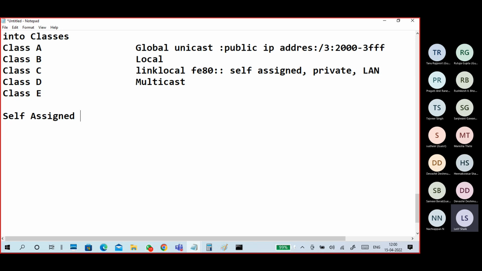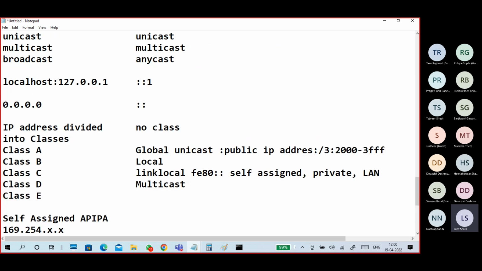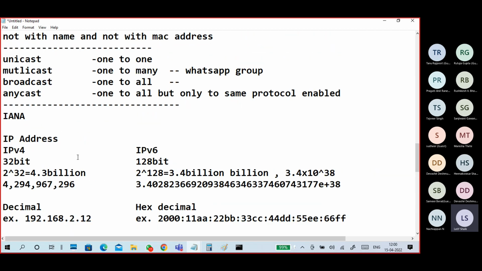In IPv4, for self-assigned addresses there is APIPA, automatic private IP addressing, which looks like 169.254.0.0. I will tell IPv4 separately. These are some of the differences between IPv4 and IPv6, and I will go into more details of IPv4.